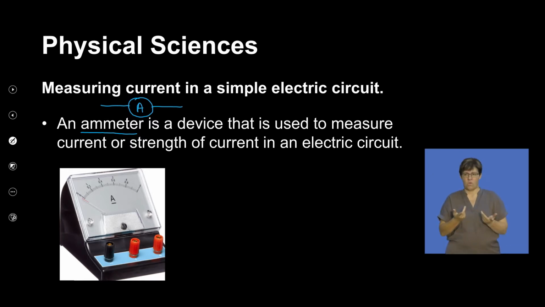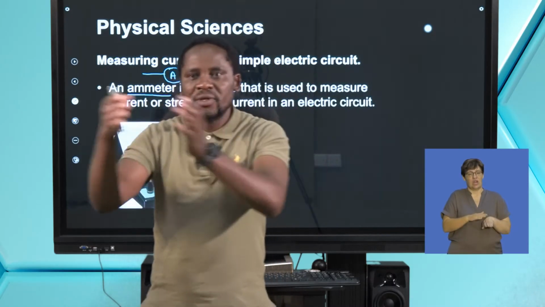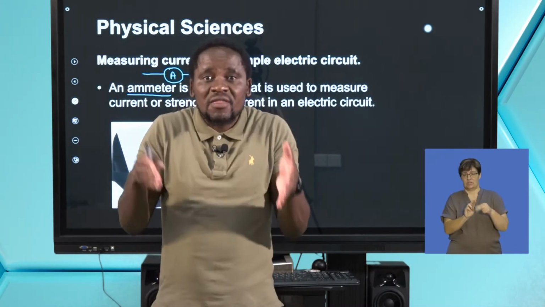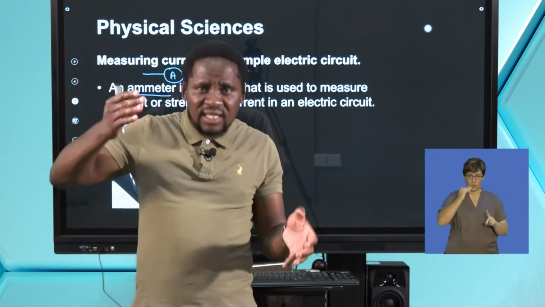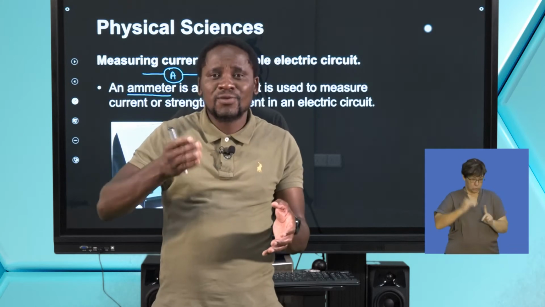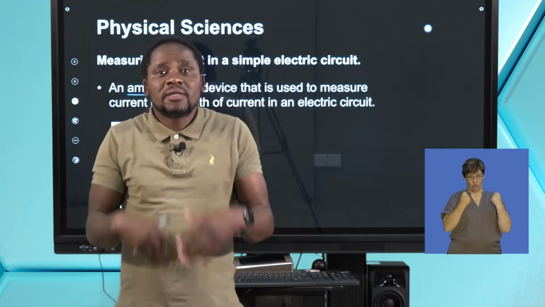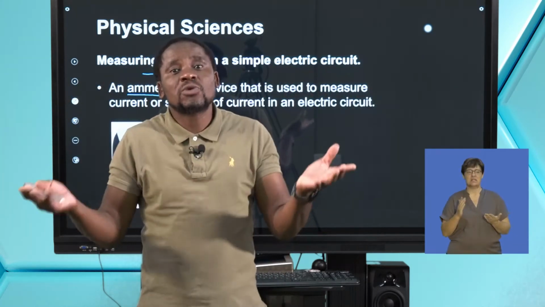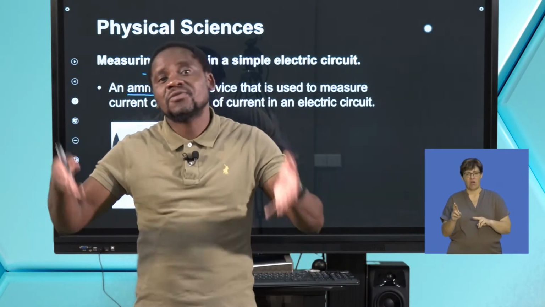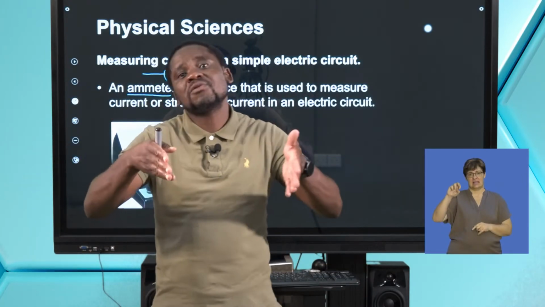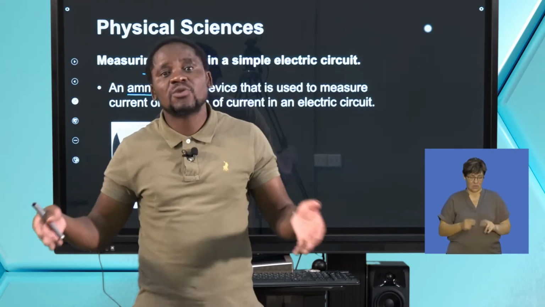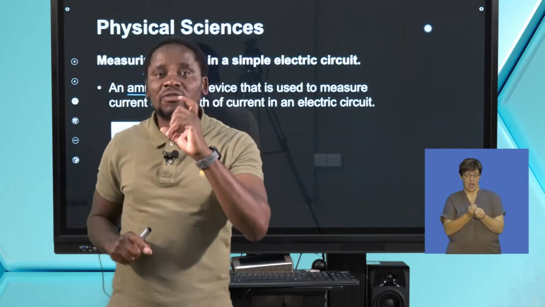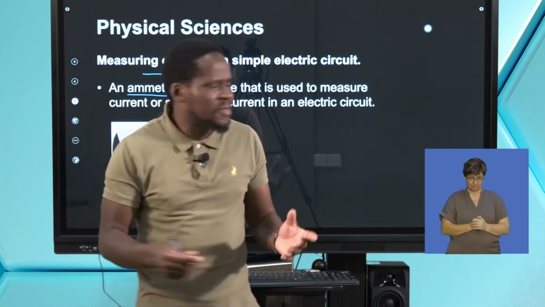Take note, we talk of current in terms of charge per unit time, or we can talk of strength of current: the greater the amount of charge passing through, the stronger the current. Sometimes we may also refer to it as intensity of current. So current, strength of current, current intensity may be used differently to refer to the same quantity.